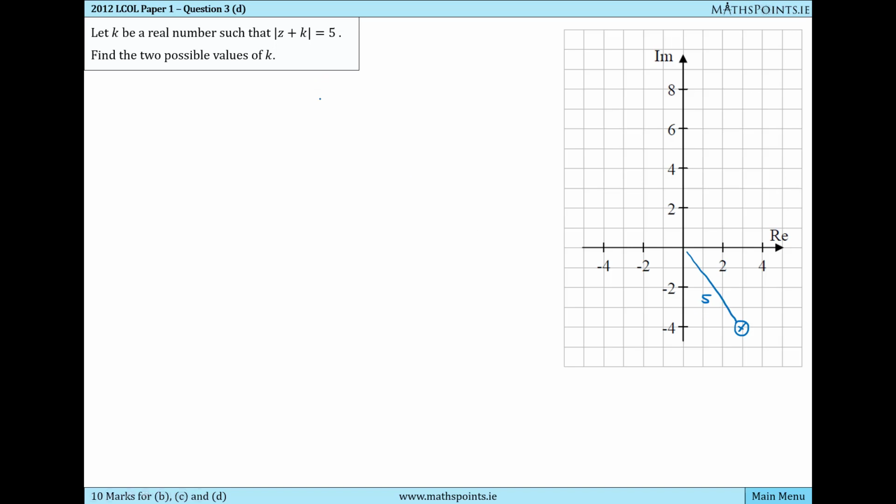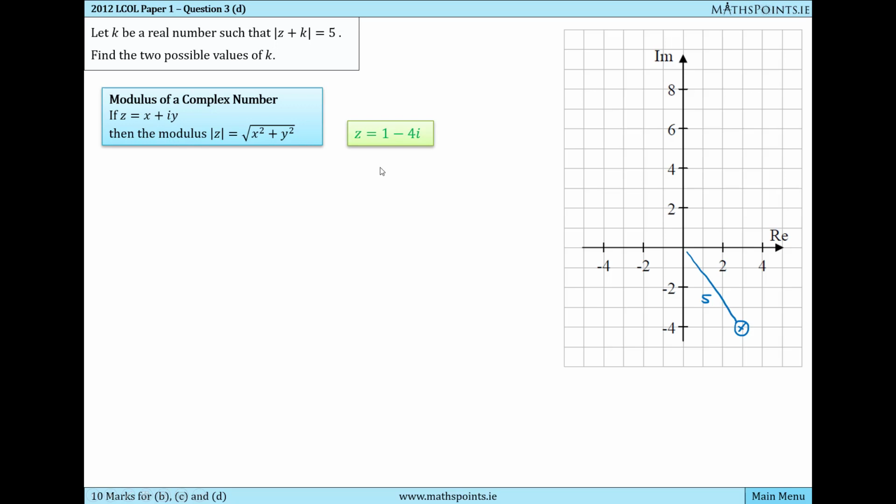Now, the starting point is that we have a formula for the modulus, and we know that z is 1 minus 4i. And so we're being asked, what would we add to 1 minus 4i? So some unknown number k that we would add to 1 minus 4i, such that the modulus of this new complex number would be a distance of 5 from the origin.